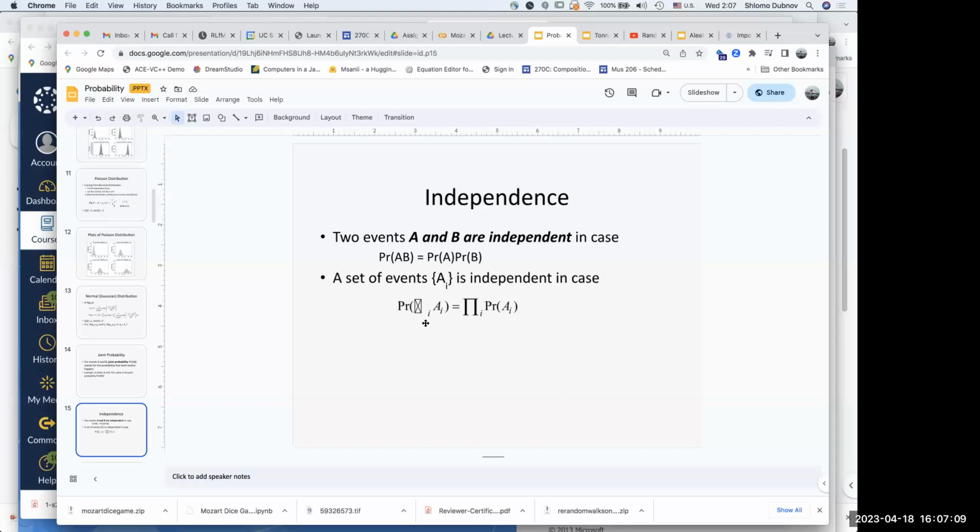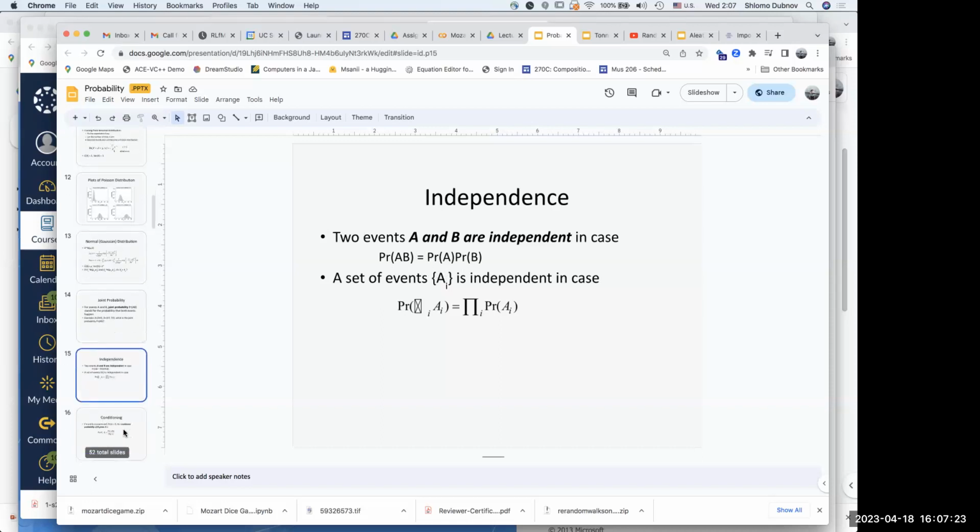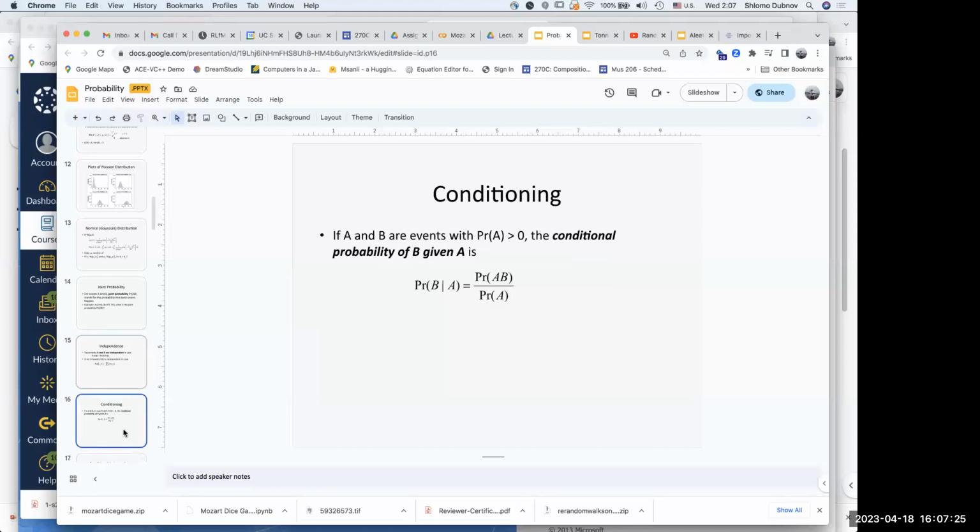A set of events is independent if the probability of their joint occurrence is the probability of each one of them separately, so you just multiply them. But if the events become dependent, then we have another distribution with joints that governs their joint occurrence.